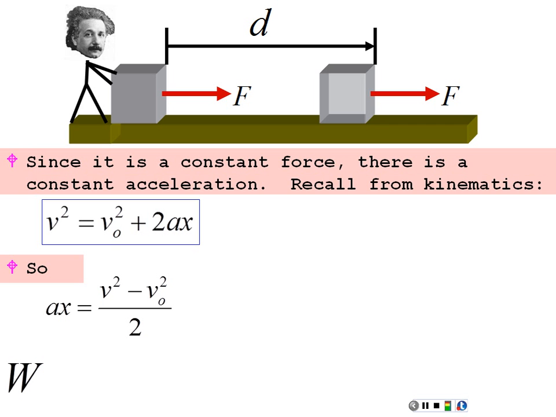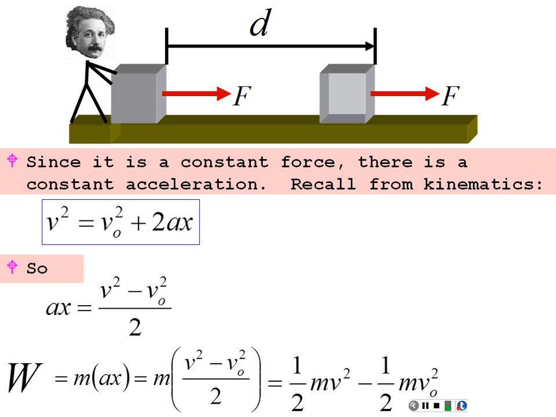Plug this into the previous formula, and we have work is equal to mass times final velocity squared minus initial velocity squared divided by 2, which we could write as 1/2 mass final velocity squared minus 1/2 mass initial velocity squared, which I'm going to say is the change in kinetic energy if we define kinetic energy as 1/2 the mass times the velocity squared.